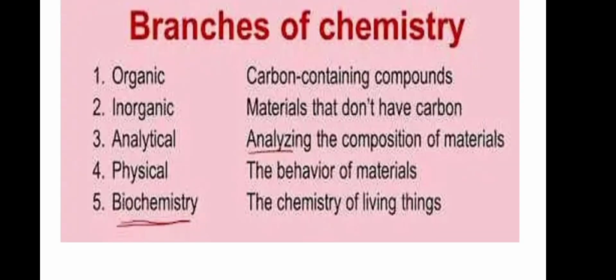The below are the branches of chemistry. Like we said earlier from our first video, chemistry is a branch of science that deals with the study of the composition, the structure, and the properties of matter under different conditions.